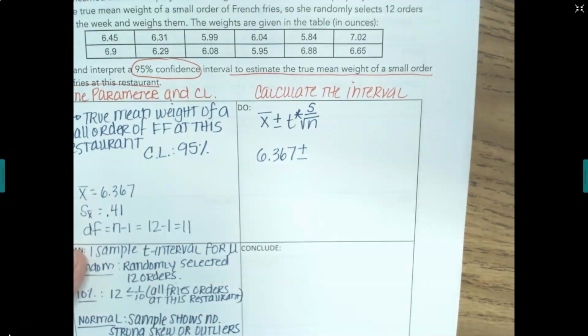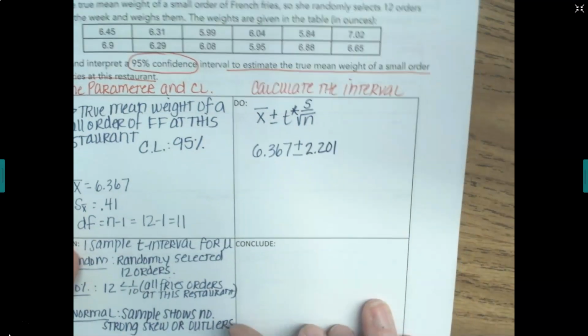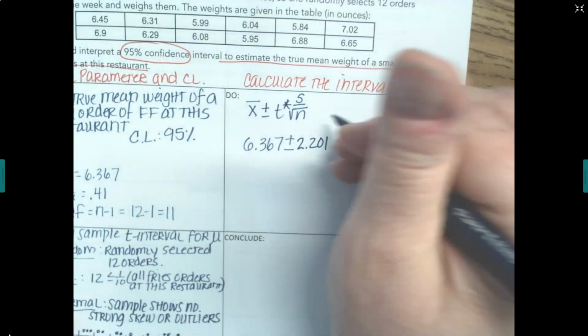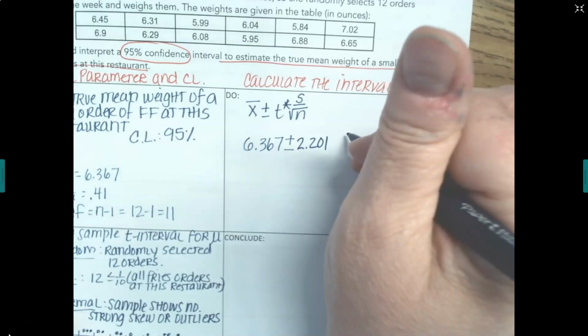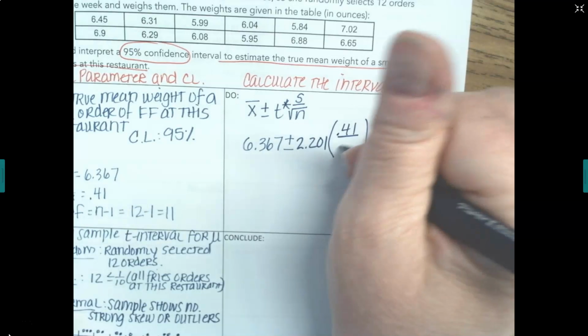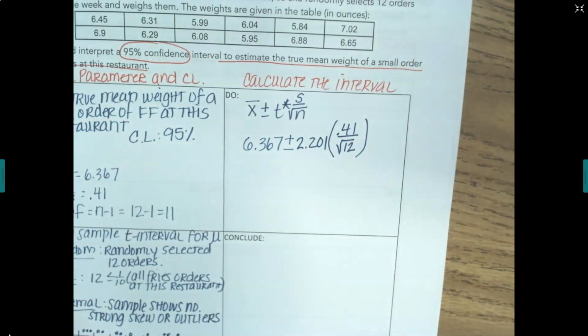So that's my critical value here, 2.201 times the standard error, so our standard deviation was 0.41, divided by the square root of 12. So there's our formula set up.